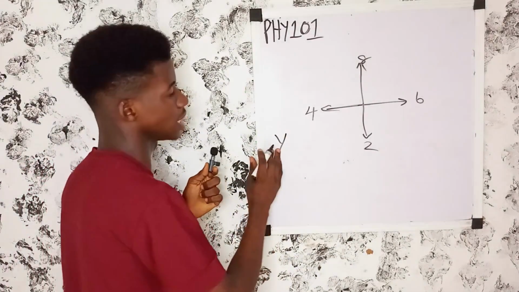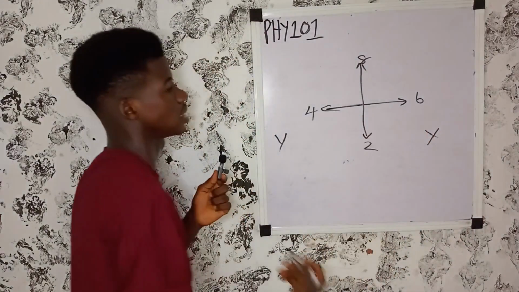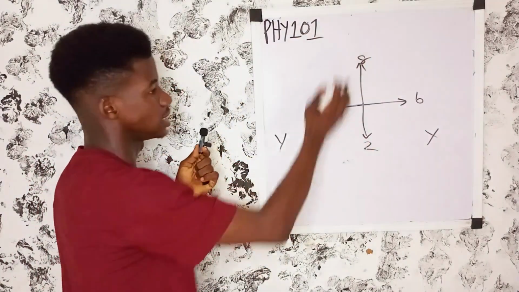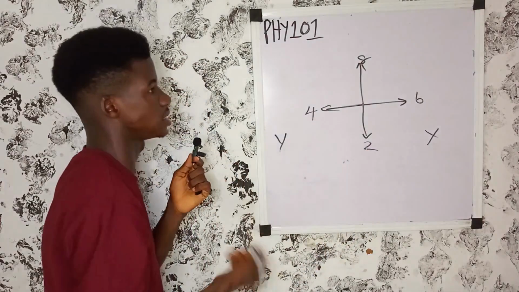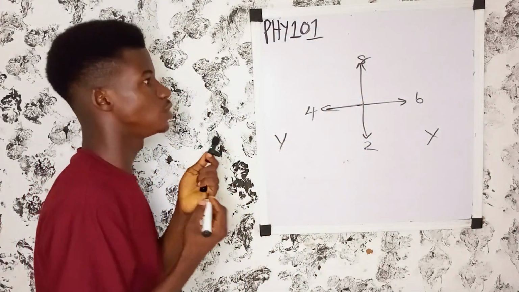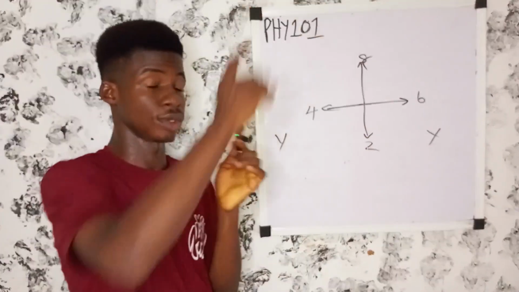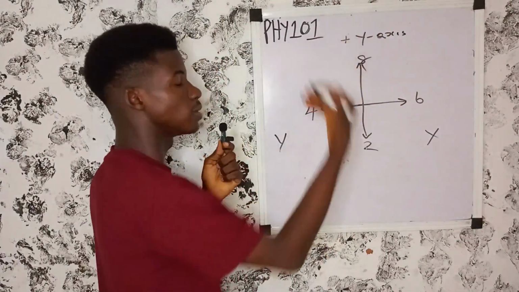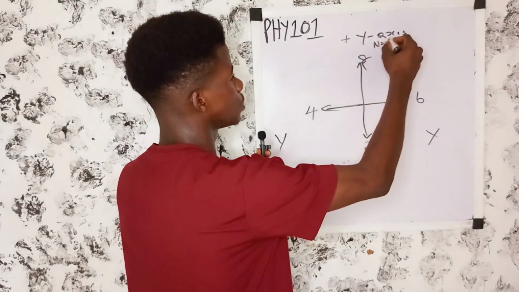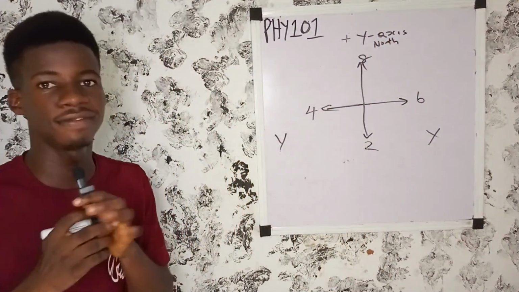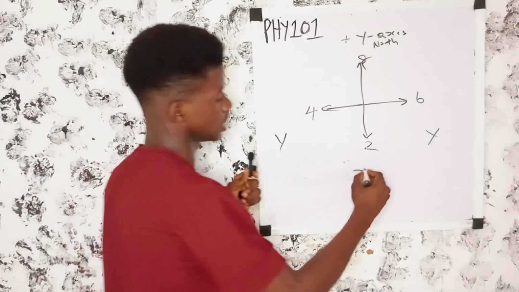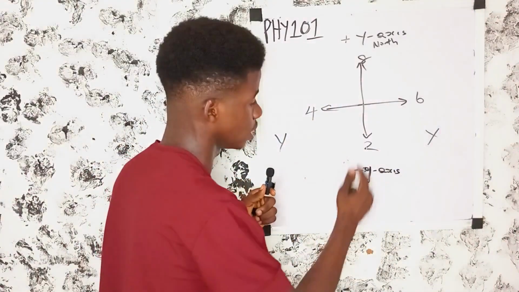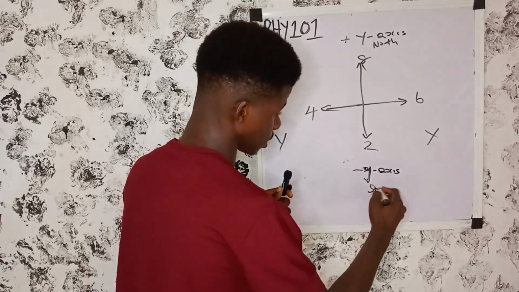Okay, so how are we going to do it? We first solve for the one in the y-axis, then solve for the one in the x-axis. Remember, before I continue, take note that up here is the positive y-axis, can also be called north, while down is the negative y-axis, can also be called south.